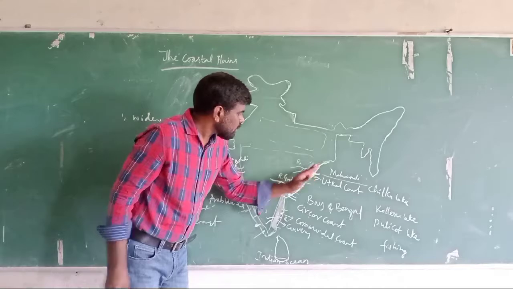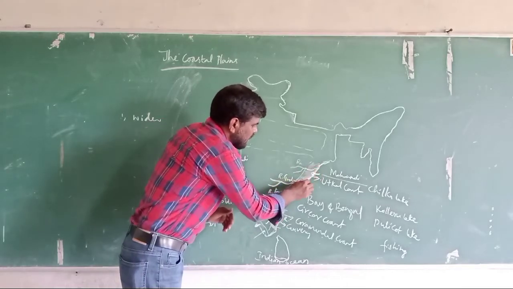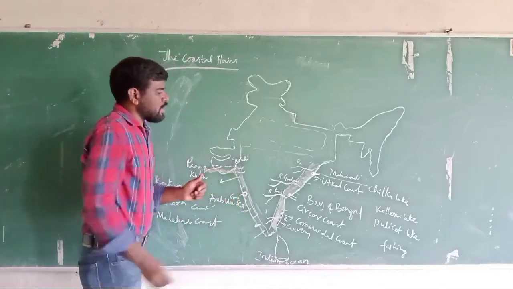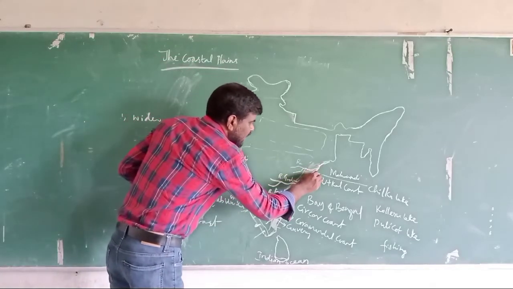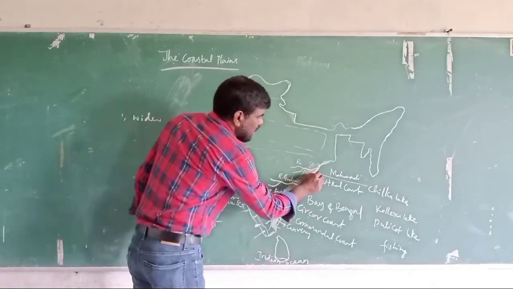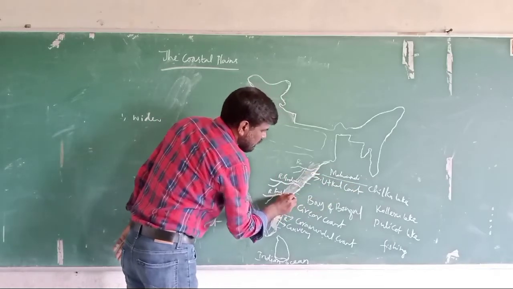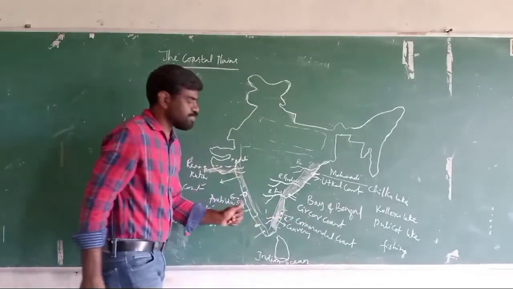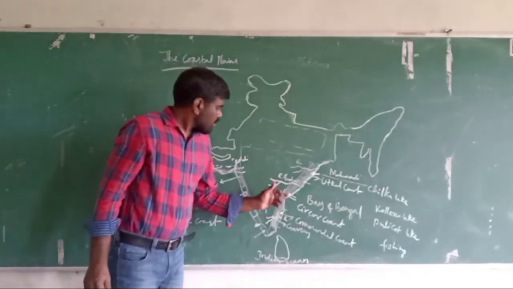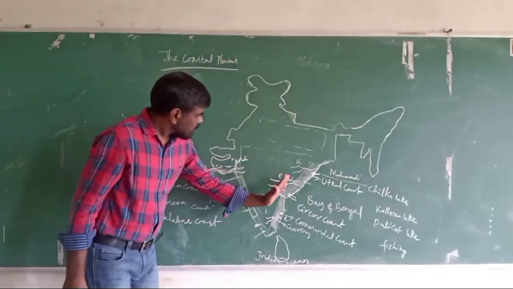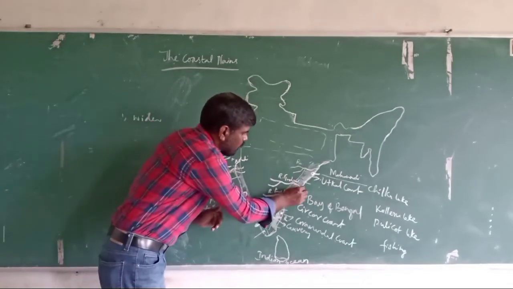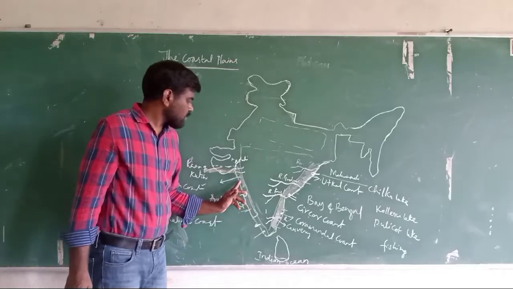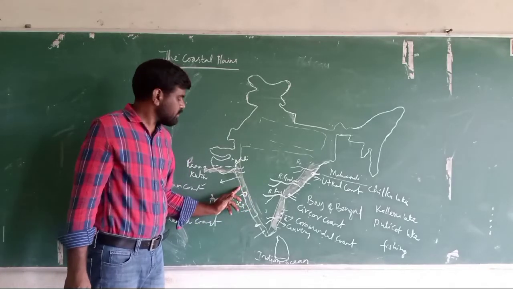Here we have deltas as well as lakes: Chilka Lake in Orissa, Kolleru Lake and Pulicat Lake in Andhra Pradesh.